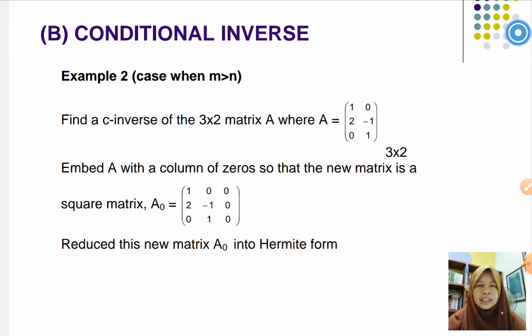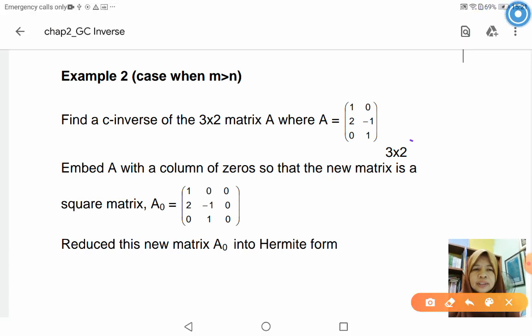So if you see here, M is 3 and N is 2, so 3 is greater than 2. We augment A with a column of 0 so that the new matrix is a square matrix A naught.